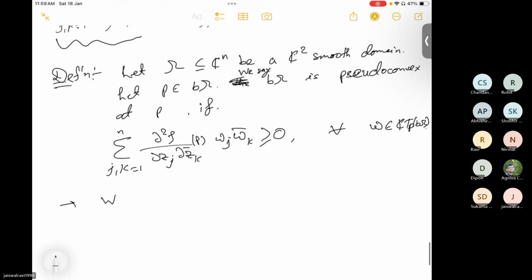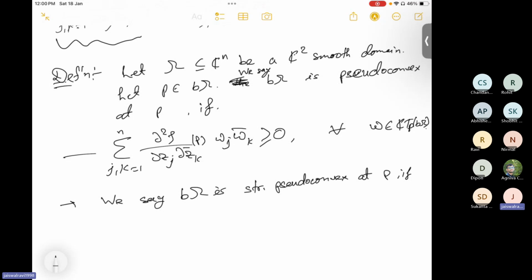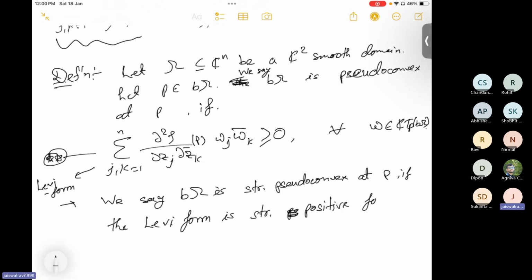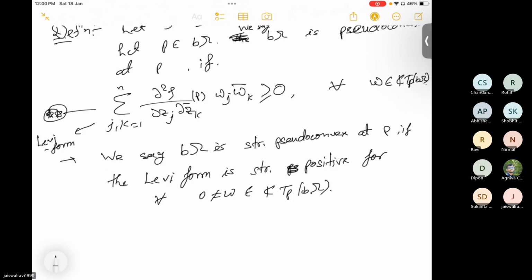Here we say the boundary of omega is strongly pseudo-convex at P if, say this is double star, the Levi form is strictly positive for all nonzero w in the complex tangent space.